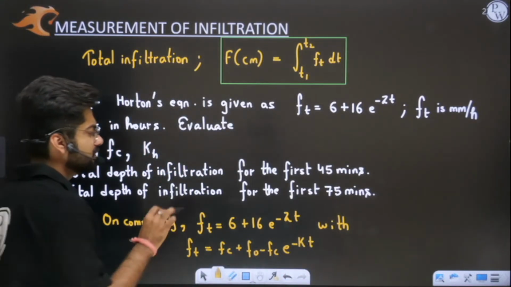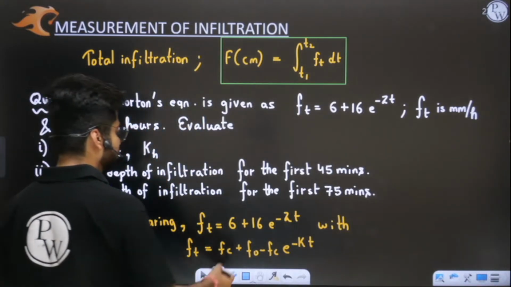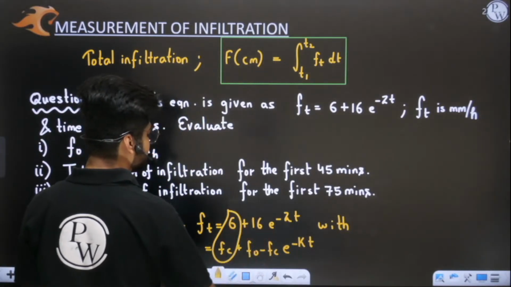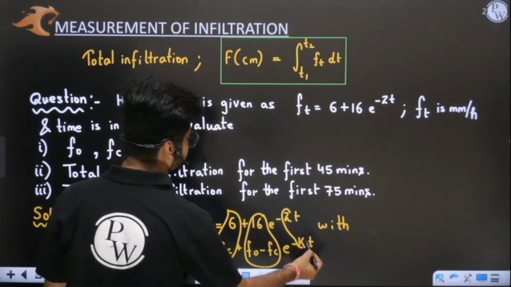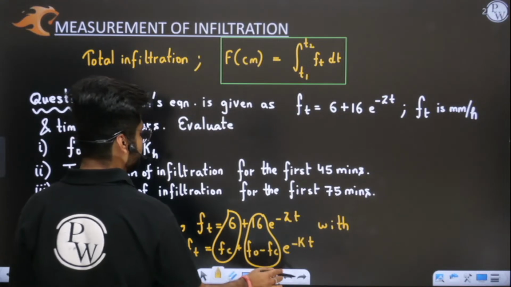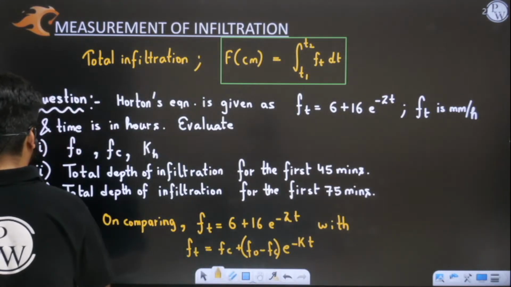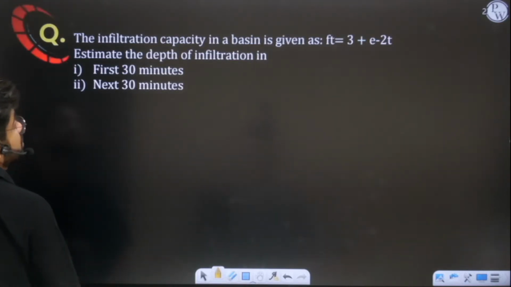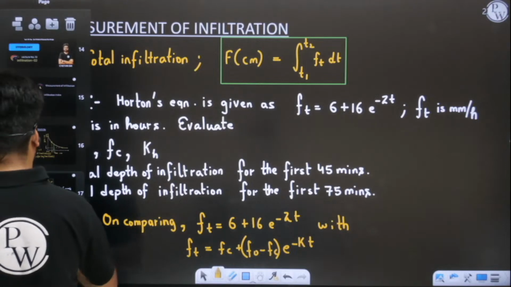K is having a subscript h, h meaning horton. So when you compare it, Fc is 6, F naught minus Fc is 16, and k will be 2. So on comparing, Fc is 6. You can tell this. Okay, we have one more question. No problem.